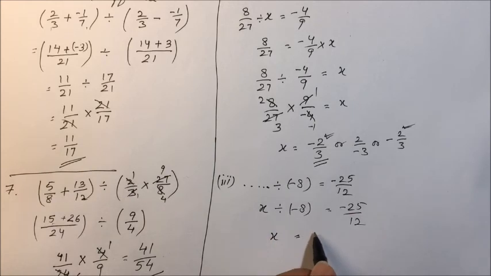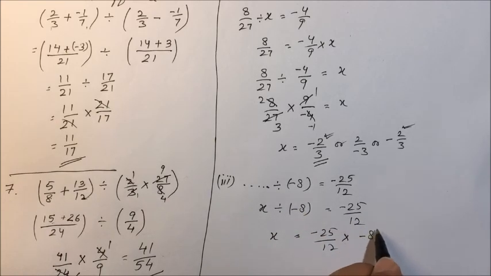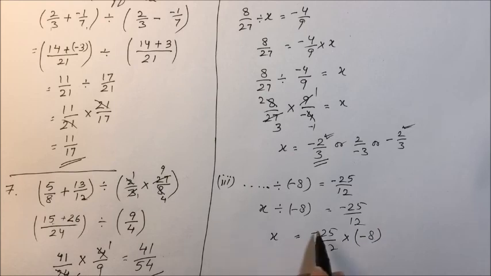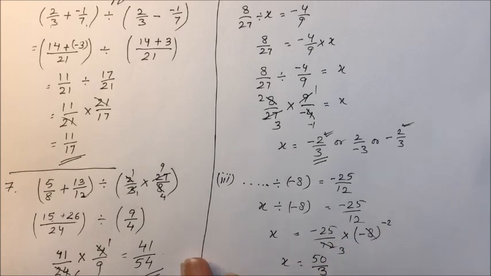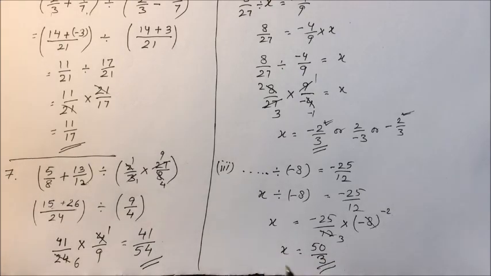If we take it on the RHS, it will be multiplied into minus 8. Now 4 2s are 8, that is minus 2, 4 3s are 12. x equals minus minus becomes plus, 25 into 2, 50 upon 3. So this is the result.